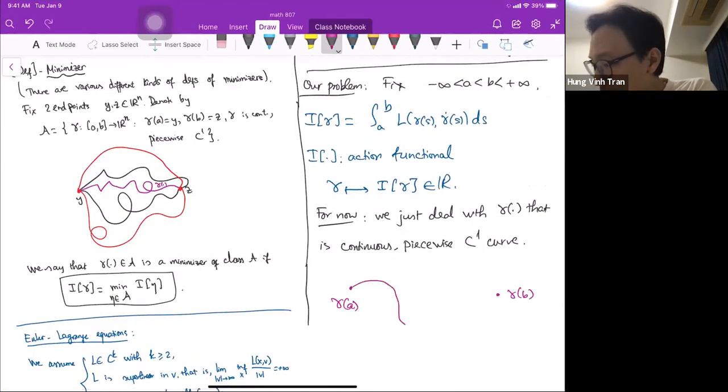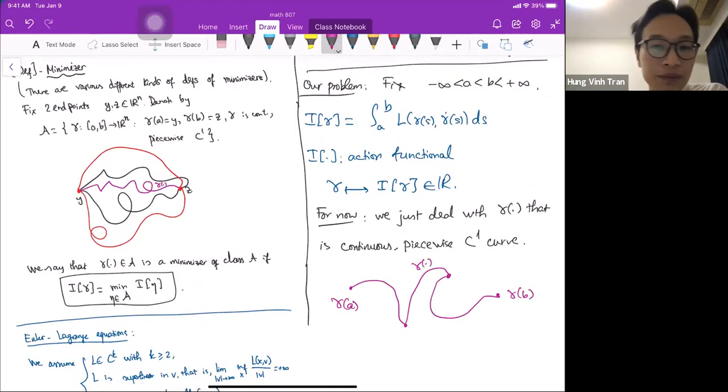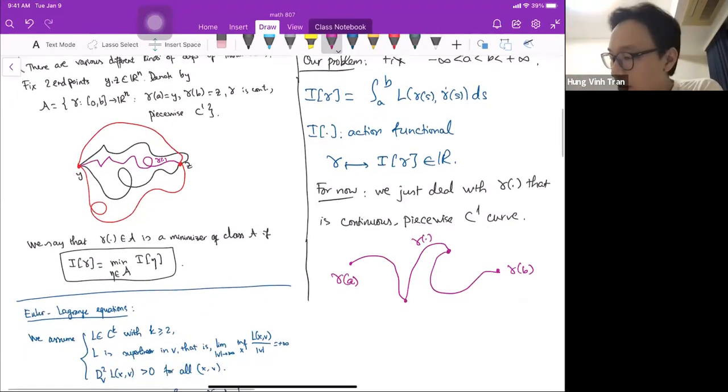It's piecewise C1, so each of the pieces is C1, and it can have a jump in the gradient at a finite number of points. If you deal with a piecewise C1 curve, then the integral is defined in a very simple Riemann setting, right? So it's just a Riemann integral. There's no big deal about that.